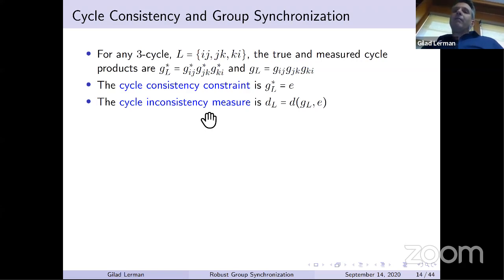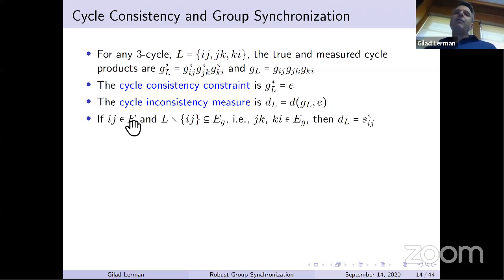What is interesting is that there is some relation between the cycle inconsistency measure and the corruption level. We called the corruption level the distance between the measured group ratios and the ground truth group ratios. And here we have a distance between the measured cycle product and the ground truth cycle product.